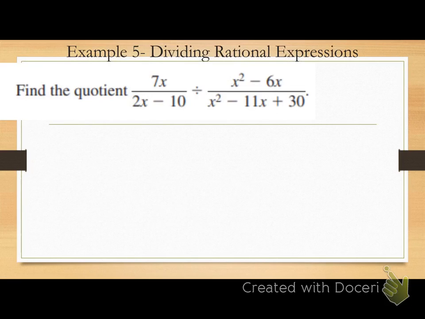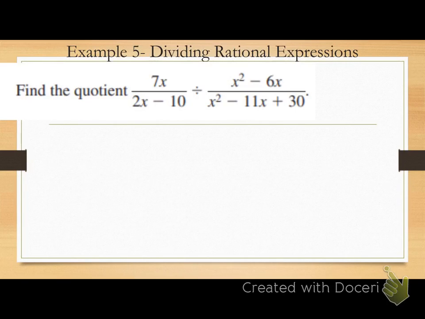Find the quotient. 7x over 2x minus 10 divided by x squared minus 6x over x squared minus 11x plus 30. How do I divide fractions? Help me out, Carter. You gotta flip it. Flip what?